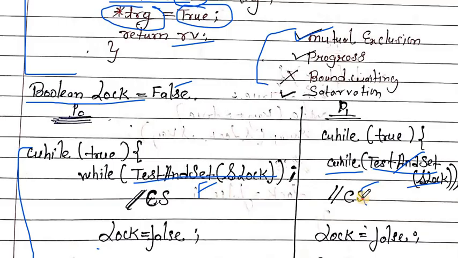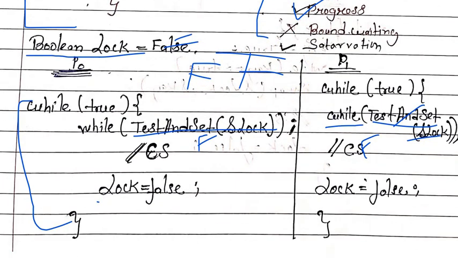Okay, returns false, make lock true. P1 executes the critical section, makes lock false and comes out. Here P1 is able to execute the critical section before P0. So the progress is satisfied. Now check whether bounded waiting is satisfied or not.